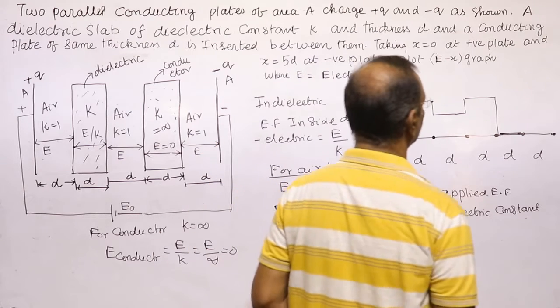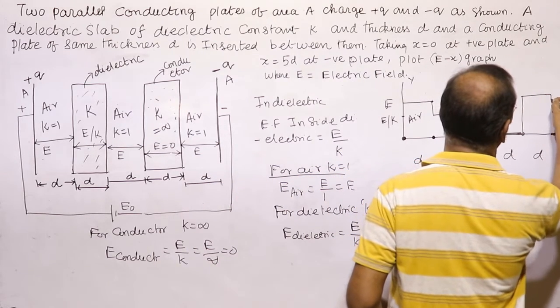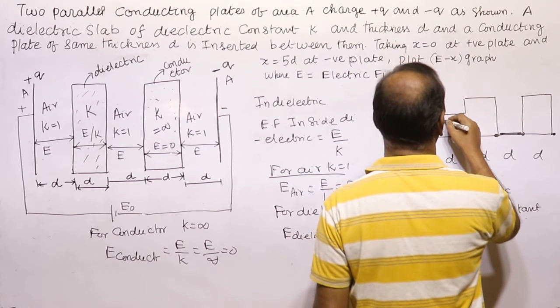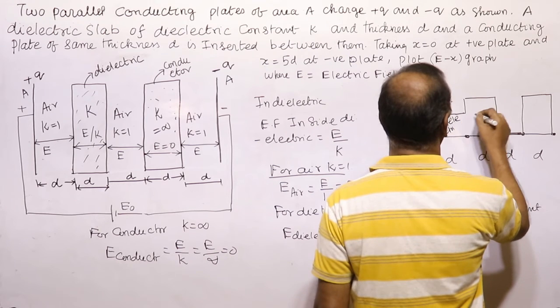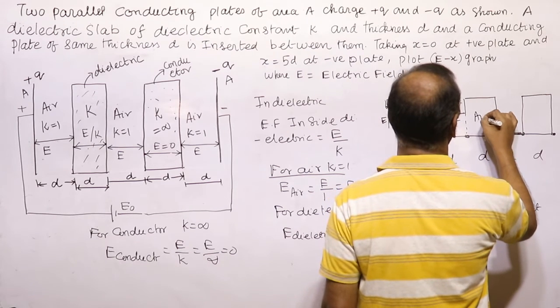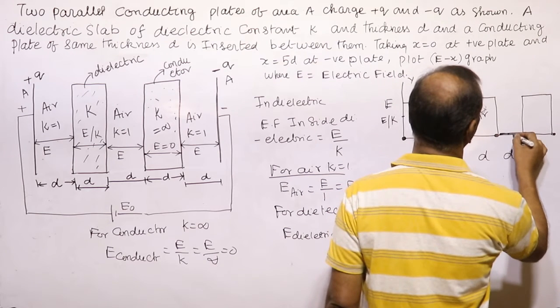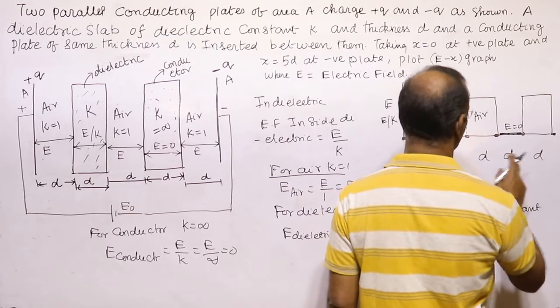So this portion is for air, this is for the dielectric, and this portion is again for air. This is for E equal to 0, at 1d, 2d, 3d, 4d, 5d.